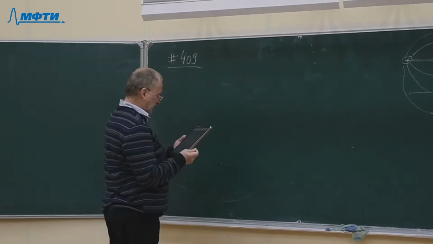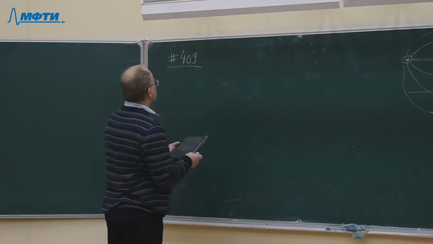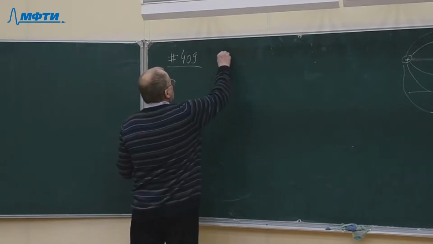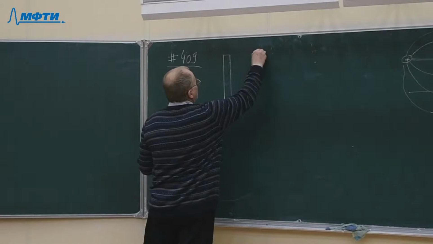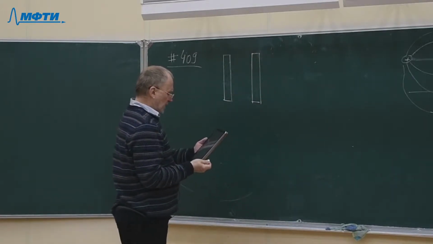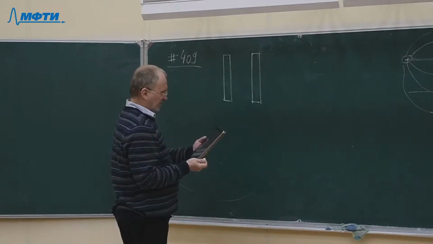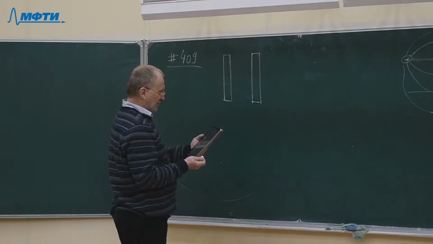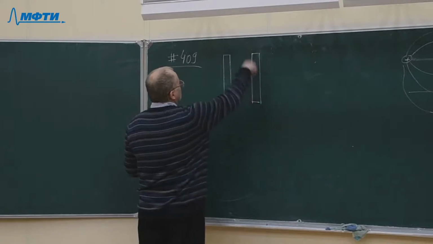Two large conducting plates are arranged parallel to each other. So we have two conductors, two plates arranged parallel to one another. The distance between them is much smaller than their dimensions.